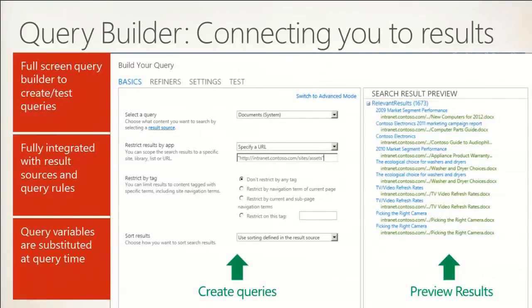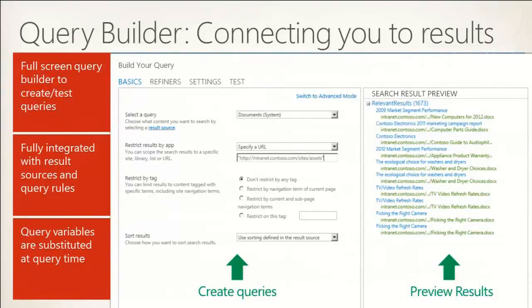If you would like to learn more about those, please go and see the Wednesday morning session by Pedro de Rose on building great search-based applications with query rules. It's highly recommended. And if you want to get hands-on experience, there's a hands-on lab where you can go ahead and try the query rules.